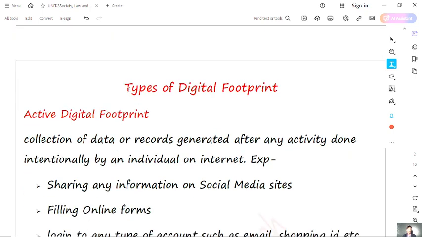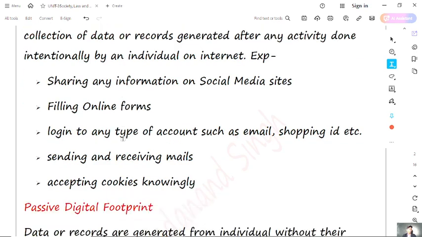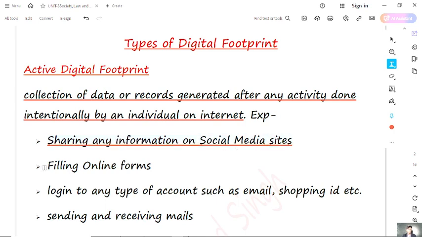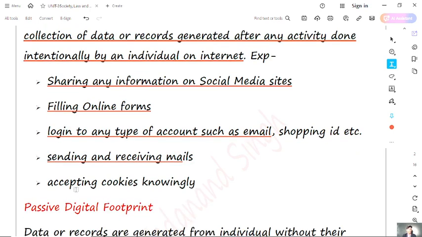Now the next is types of digital footprints. There are two types: active digital footprints and passive digital footprints. In active footprints, the collection of data or records is generated after any activity done intentionally by the individual on the internet. For example, sharing any information on a social media site, filling online forms, logging in to any type of account such as email or shopping, sending and receiving mails, and accepting cookies.